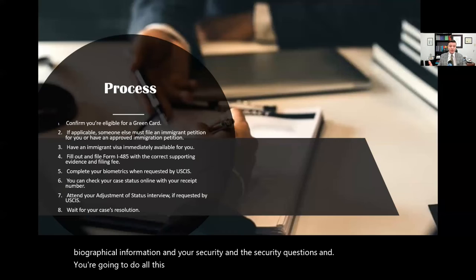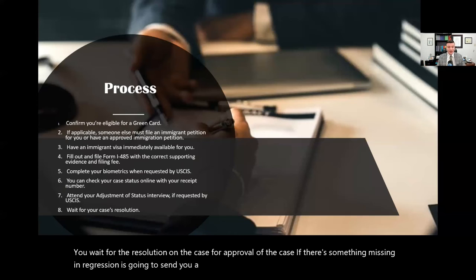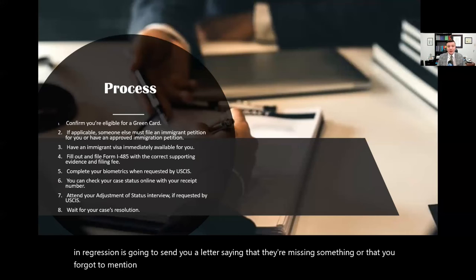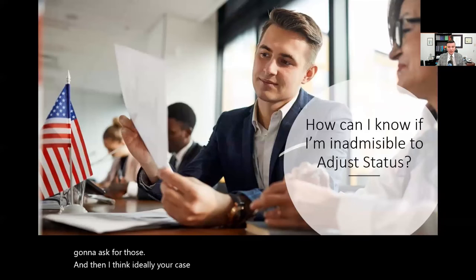After your interview, you wait for the resolution of the case, for approval of the case. If there's something missing, immigration is going to send you a letter saying that they are missing something, or that you forgot to mention something else. And if they need more evidence or documents, they're going to ask for those. And then ideally, your case is approved right after that.